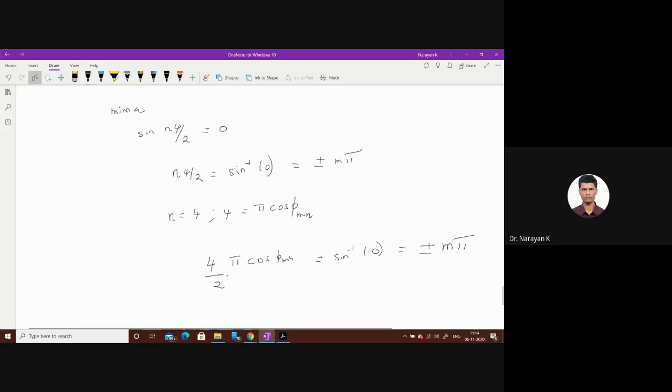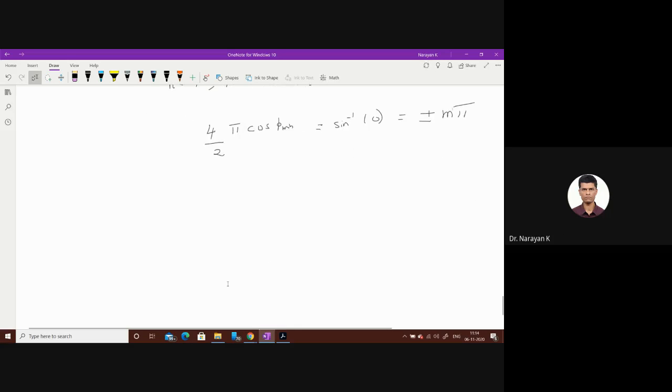Agreed? Yes, sir. Very good. So this will be 2 pi cos of phi minimum is equal to plus minus m pi. Pi will get cancelled, right? So your cos of phi minimum is equal to plus minus m by 2. So your phi minimum is equal to cos inverse of plus minus m by 2. Put m is equal to 1.